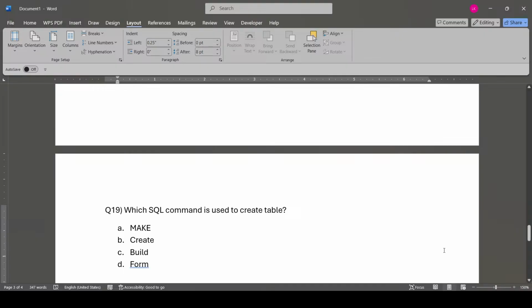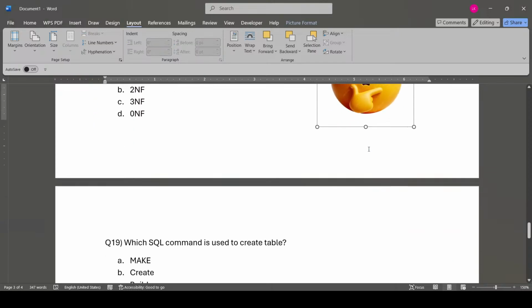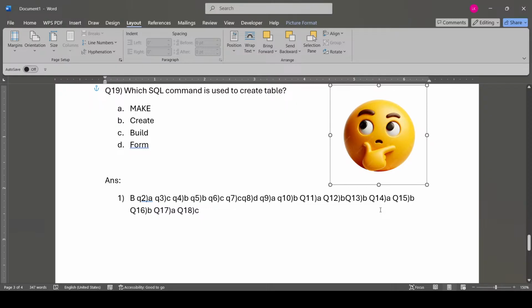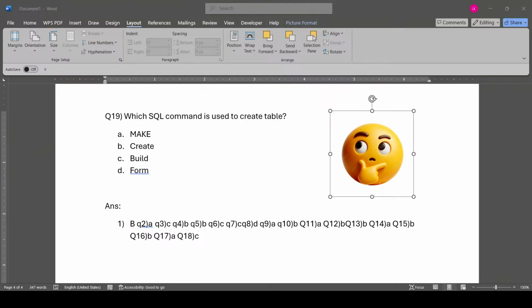So what will be the answer of question number 19? Tell me. Yesterday and the day before yesterday we discussed this in detail. What was used to create the table? Obviously it was create. So the right answer is 19B.